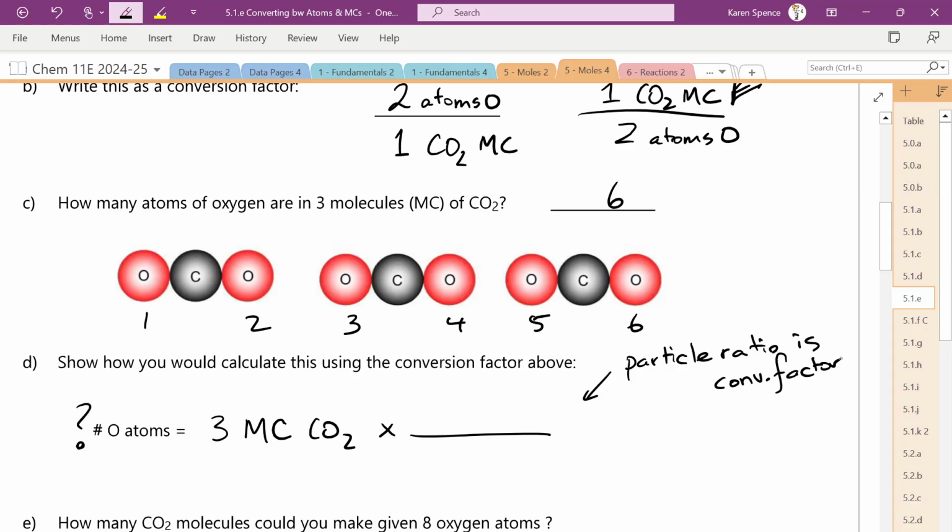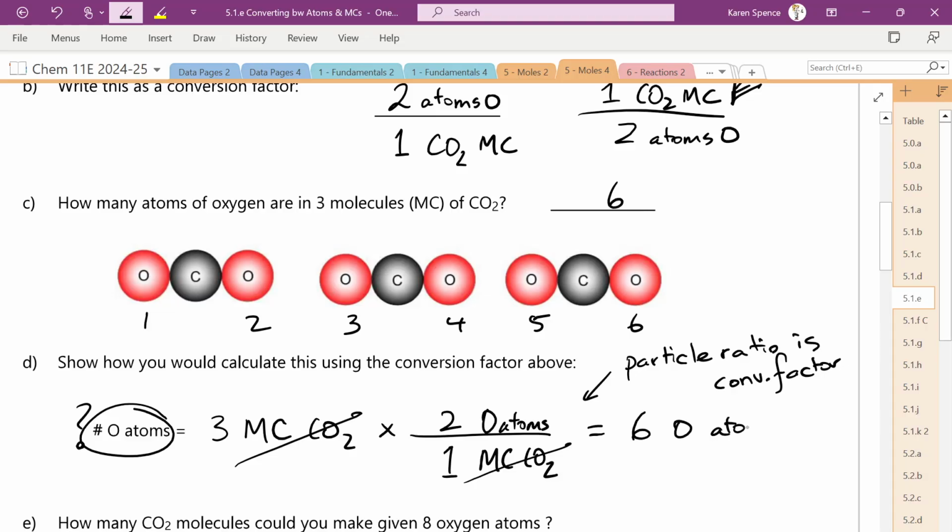So where do molecules of CO2 have to go? They go on the bottom, so we want molecules of CO2, and we want to find oxygen atoms. That means molecules of CO2 cancel out, and we have 2 O atoms for every 1 molecule, and that gives us, lo and behold, the same number we counted up, 6 O atoms.